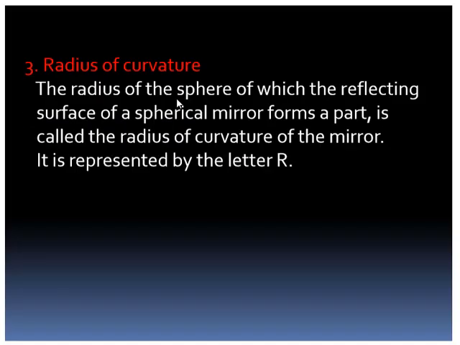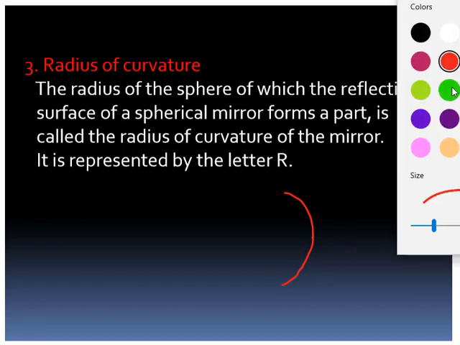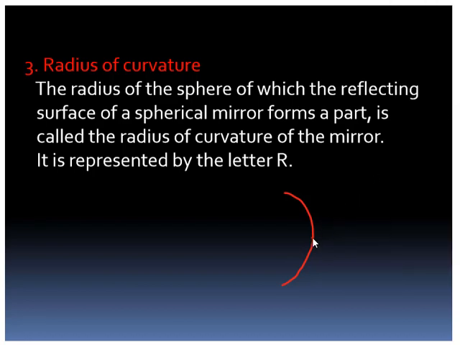The third point is radius of curvature. Now here we saw what is center of curvature and what is pole. Now this is a mirror. This point is known as the pole. This point is the center of curvature.